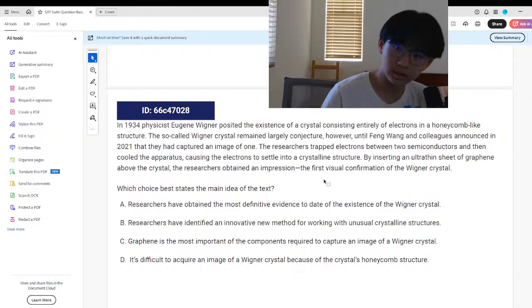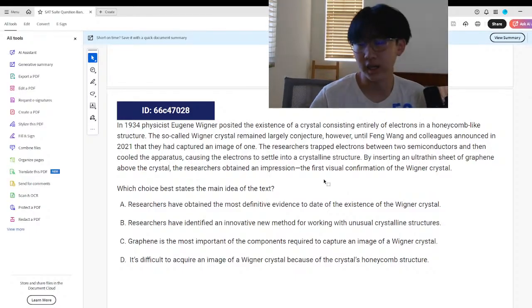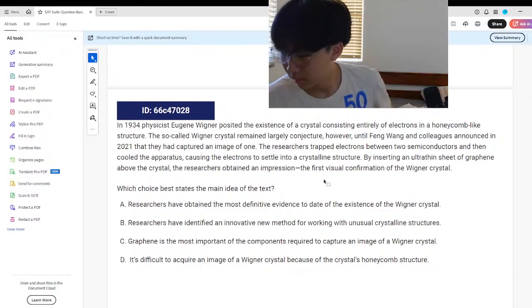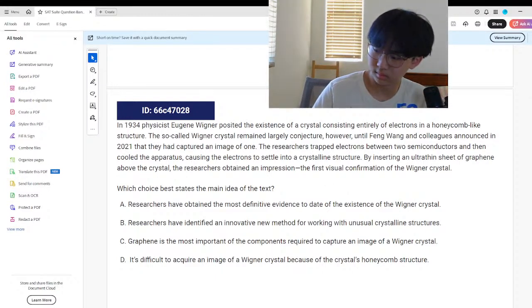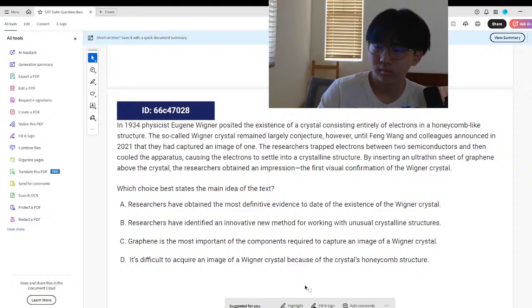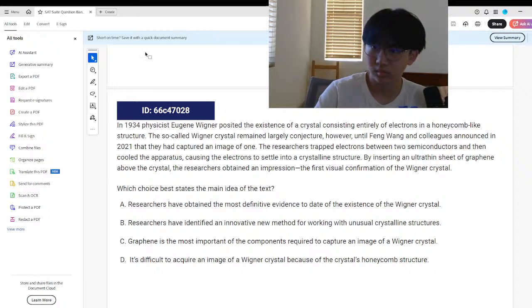All right. So, Dylan, can you give us a little explanation of why you chose A as your answer, please? So the text clearly talks about the Wagner crystal, and there's been evidence found that dates the existence of the Wagner crystal. As we can see, the first visual confirmation of the Wagner crystal.